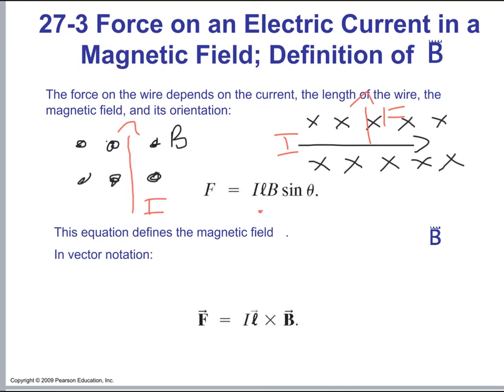So what I would need to do is rotate my wrist palm up so that when I rotate my fingers, they'll point along the B vectors, which we know are coming out of the page. So that is the way to do the right-hand rule for this situation.